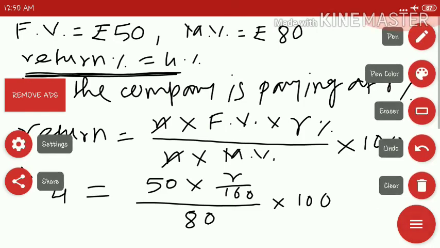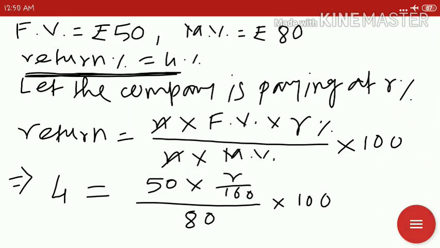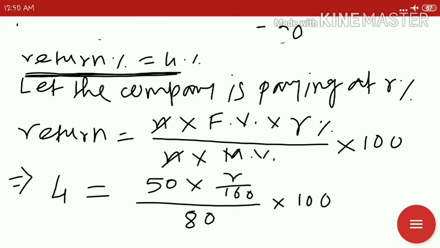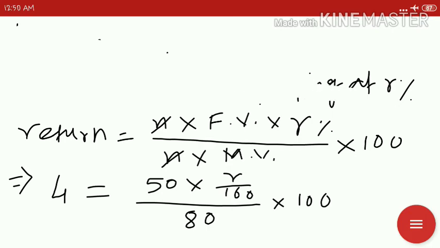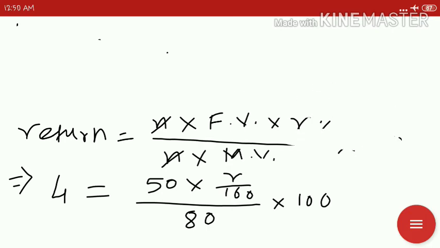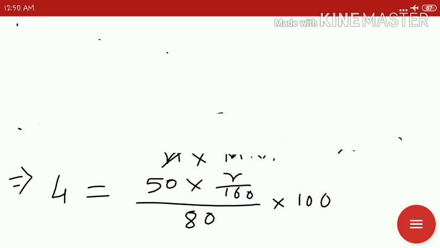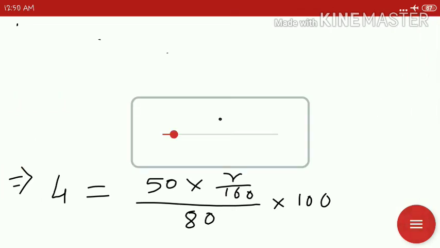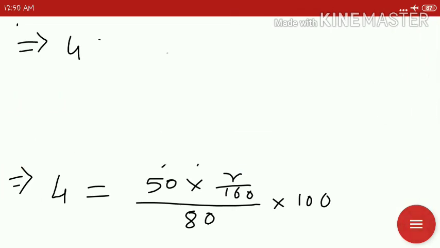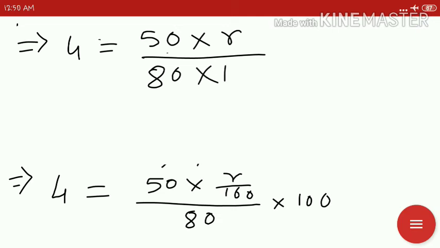Now if you simplify it, the 100 which is divided with the R will come to the denominator, and it will give us 4 equals 50 into R by 80 into 100 into 100.